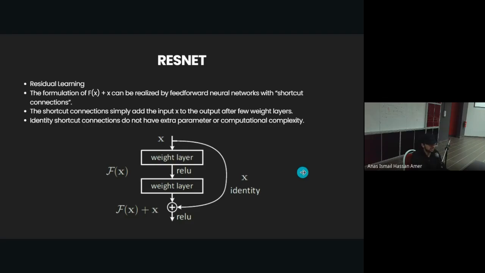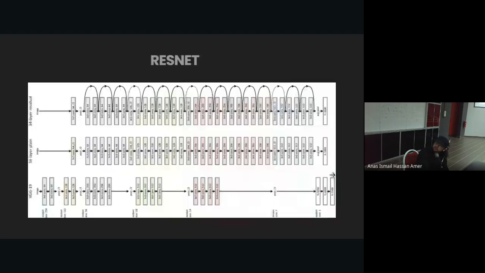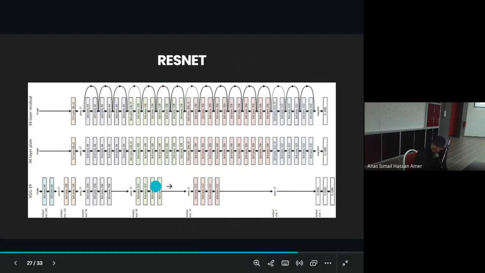So this reduces some of the computational complexity because some of the inputs are not processed through the whole network. So this is the ResNet architecture. It barely fits in the slide, but you can see all of the skips, all of these shortcuts that they have. In total, 152 layers.